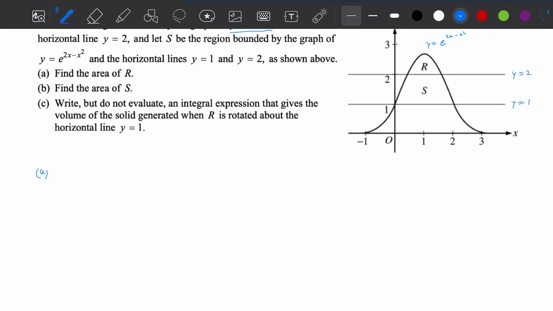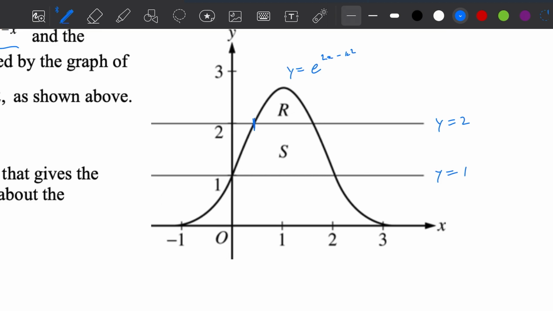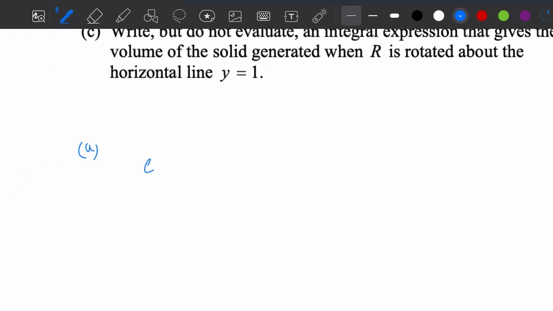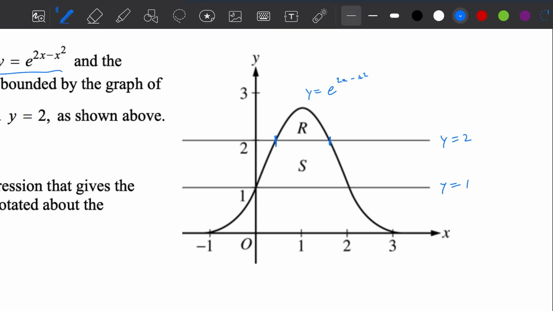To find the area of region R, we need to find the x values where the curve y equals e to the power of 2x minus x squared intersects the line y equals 2. To do that, we can start off by setting e to the power of 2x minus x squared equals 2, since the y value is 2.